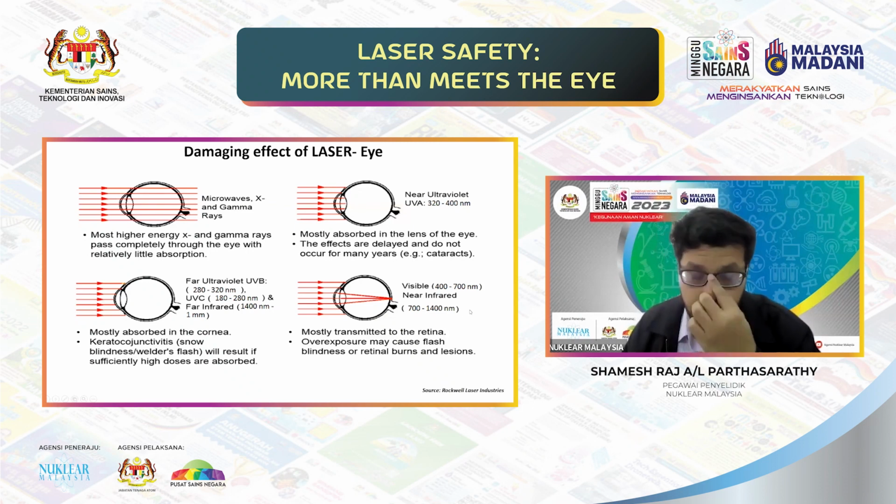We have a few types of wavelength from the electromagnetic spectrum. If you take an example of microwave, X-ray, and gamma rays, when they go into the eye, most of the high energy X-ray and gamma rays generally pass completely through the eye with relatively little absorption.